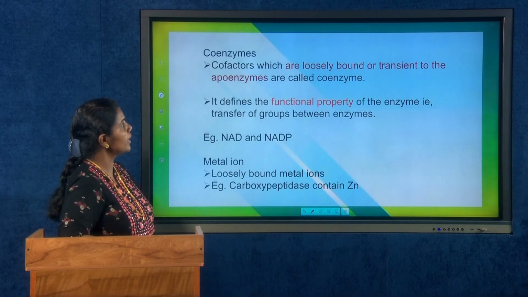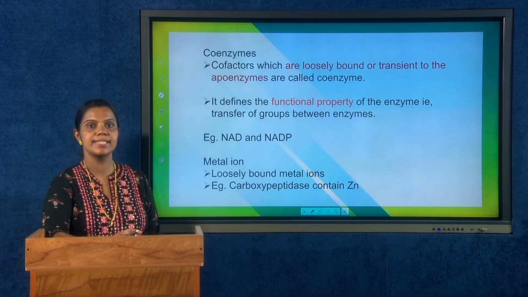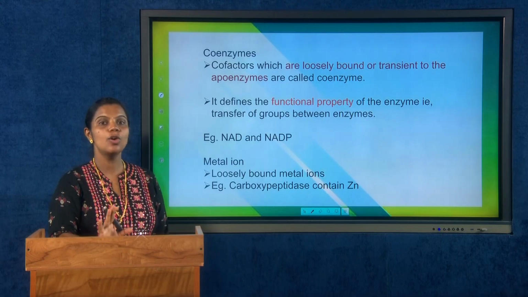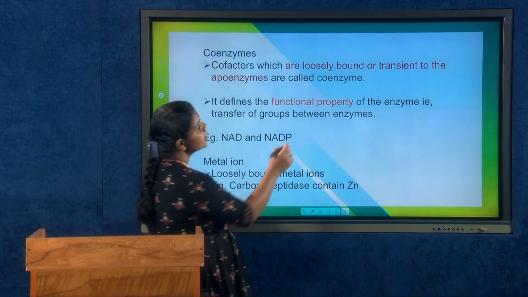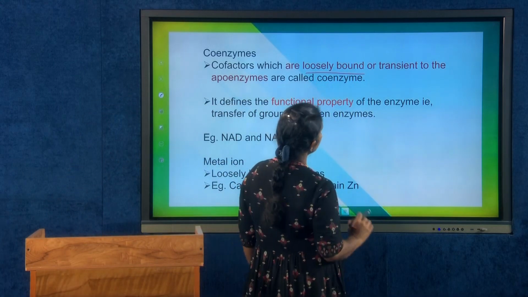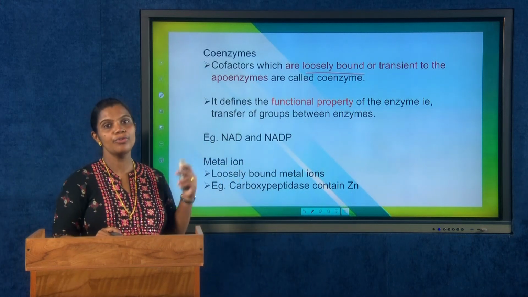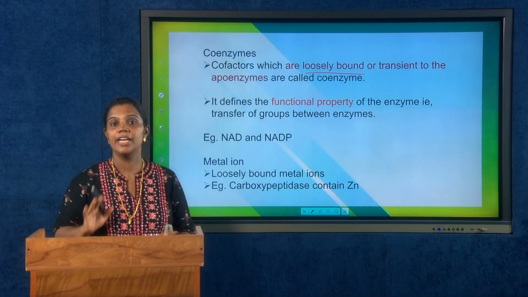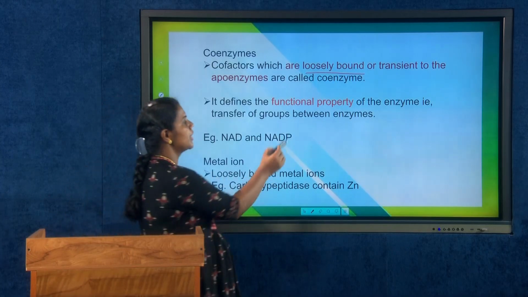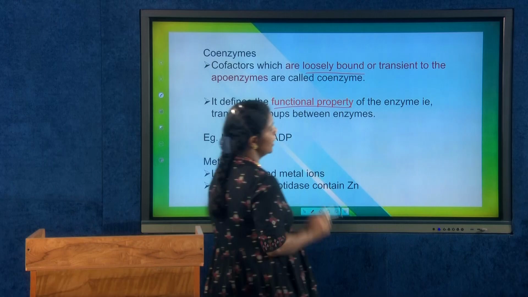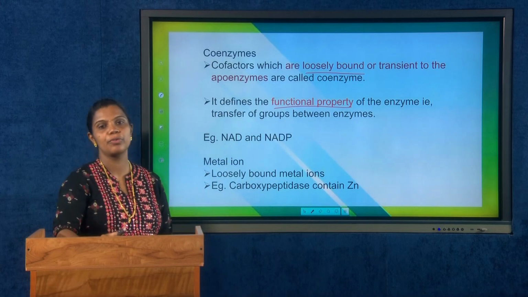Now we will see what are coenzymes. Coenzymes are actually the cofactors which are loosely bound to the apoenzyme. Prosthetic groups are tightly bound, coenzymes are loosely bound. It defines the functional property of the enzyme.